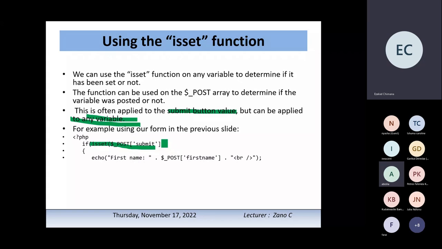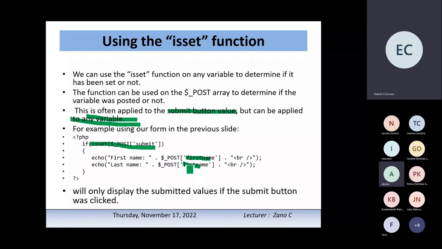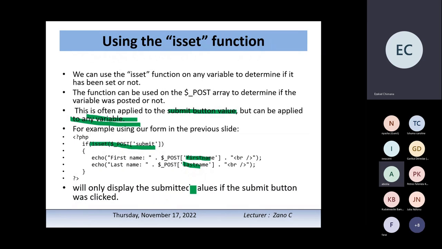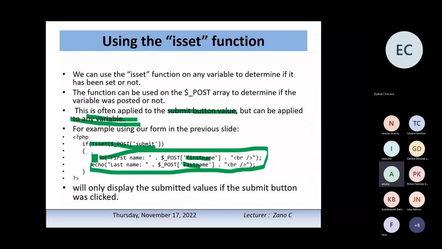Then after we know that the user submitted the form, we can print the first name and the last name. So we only display the submitted values if the submit button was clicked. If it was not clicked, we are not going to display all these things.